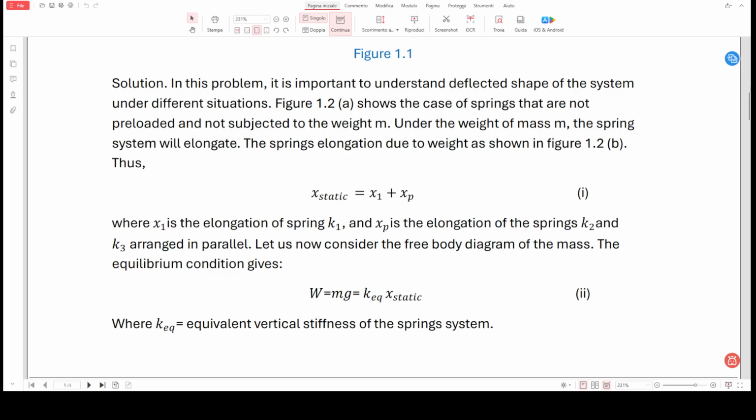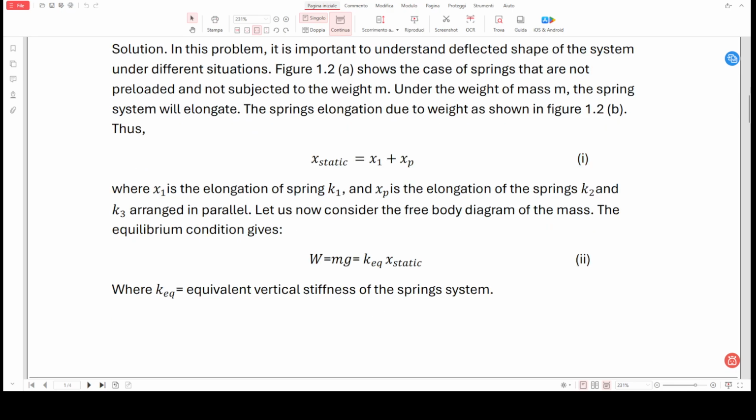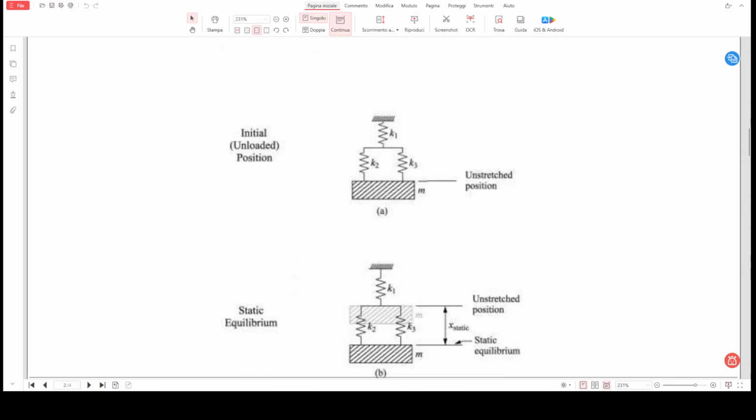The equilibrium equation we can write: weight, mass times gravity, is equal to kappa equivalent times x static, the movement in the static situation, where kappa equivalent is the equivalent vertical stiffness of the spring system.